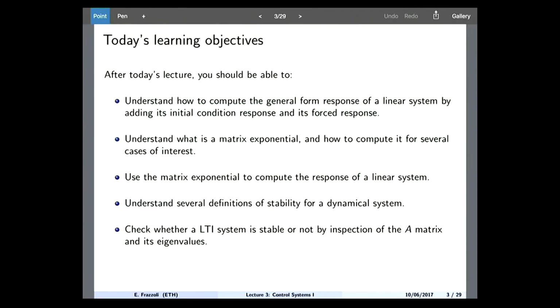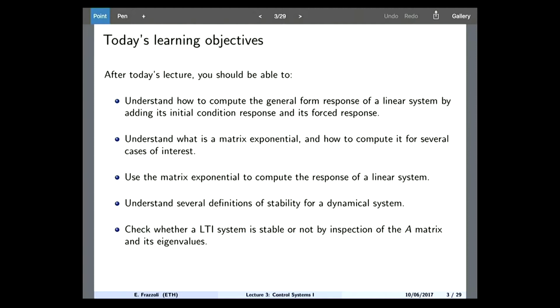Today what you should be able to do is really understand this basic concept. The way that we deal with computing the response or analyzing linear systems is a basic idea, that of divide and conquer. If you remember the definition of a linear system, the key property of a linear system is what is also called the superposition principle, okay?